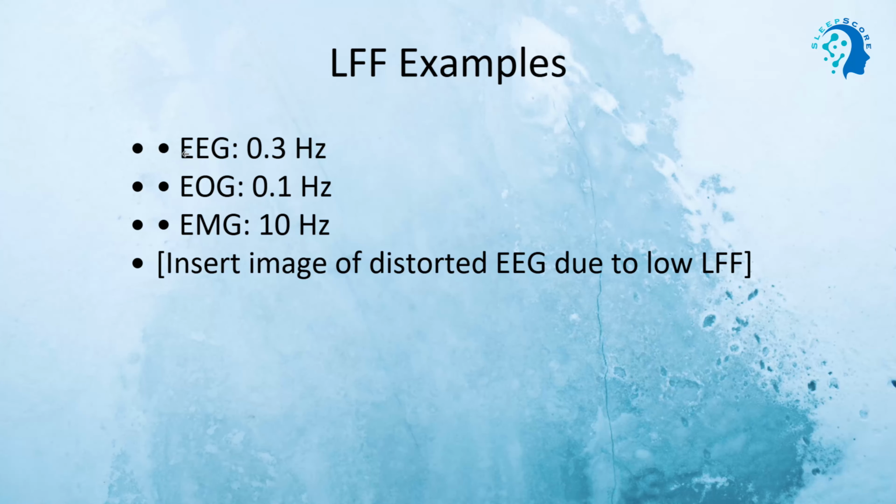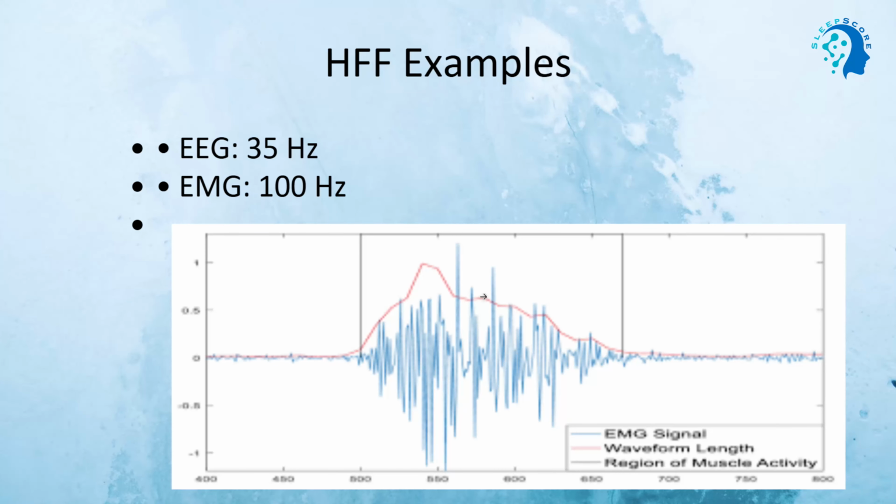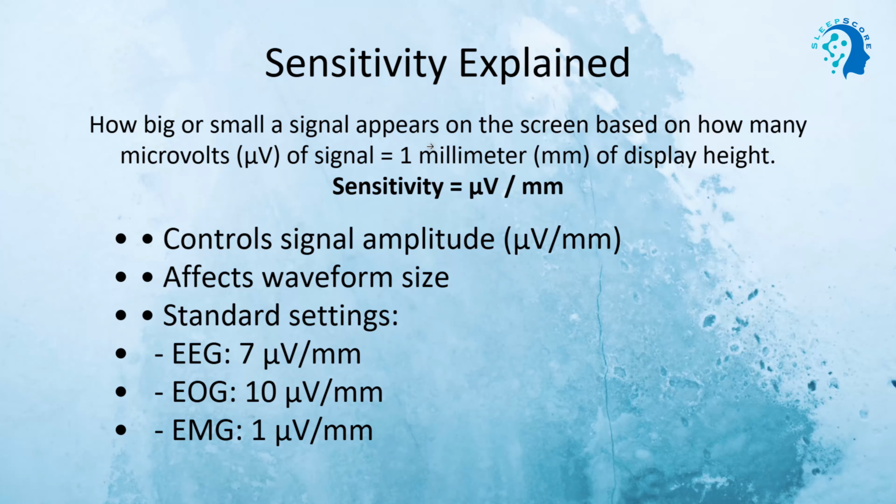For example, EEG lowest frequency filter, EOG and EMG. Look, this is EEG, the highest frequency filter is like this. For EMG, the highest frequency filter is supposed to be 100.